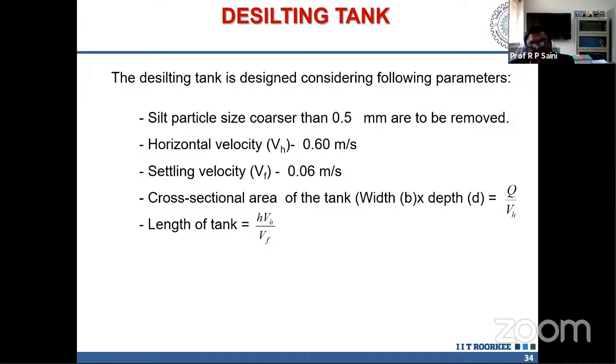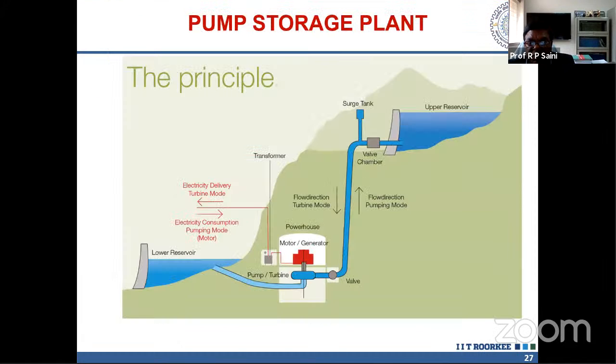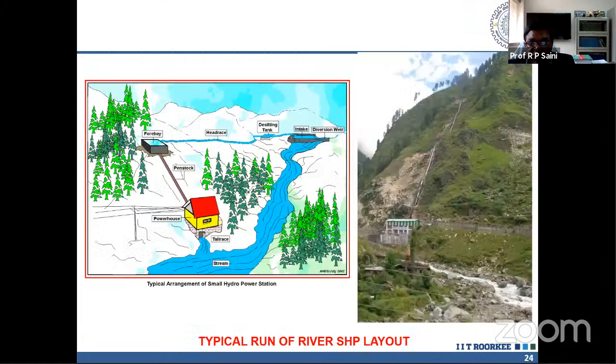There is a very simple mechanism here to remove the silt. We just enlarge the cross-sectional area in the power channel. In the power channel, velocity will be sufficient, but when you enlarge the area, meaning the width, length and even depth, you increase the volume.